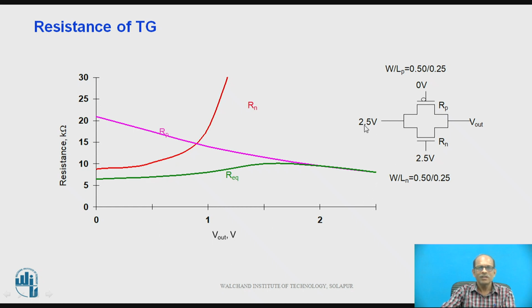As the input here is 2.5 and the output is changing, whenever Vout is changing, the resistances of the PMOS and NMOS vary, that is RP and RN as shown in the figure, and the R equivalent is the parallel combination of RP and RN. So this is R equivalent, and this R equivalent is approximately constant.